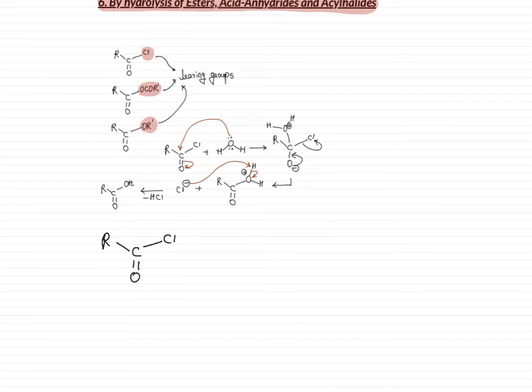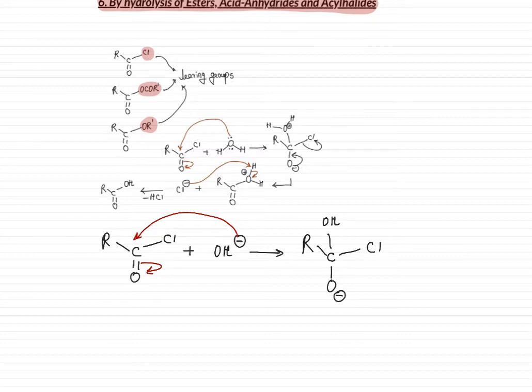So using aqueous NaOH, you have this. So the reaction is much faster because OH minus is much better nucleophile as compared to water. Having negative charge on it, the rate of reaction is extremely good. And you have this, the same thing that happens.